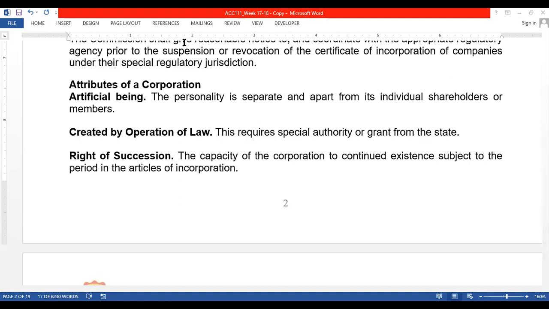They need to have consent among the partners to transfer the ownership. So that's why when a third party comes in, or a partner dies or withdraws, the partnership is dissolved, right? But in this case, it's okay for the corporation, it can be transferred. So it has succession. There is no need to create another corporation when a member dies, withdraws, or a third party comes in, under a corporation.